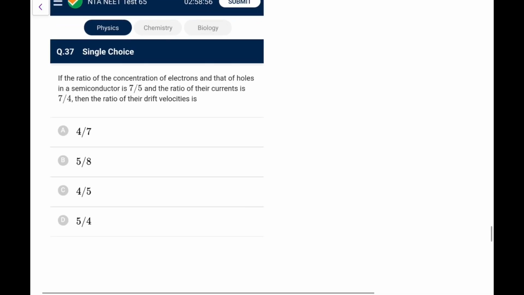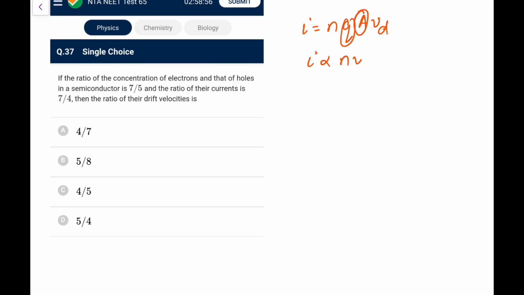If the ratio of the concentration of electron and that of holes in a semiconductor is 7:5 and current ratio is this, then the ratio of the drift velocities, we can directly say, whenever we are writing current, I is equal to NQAVD, where Q is the charge on the carrier. Both carriers have same charge, same area, so I is proportional to N into VD.